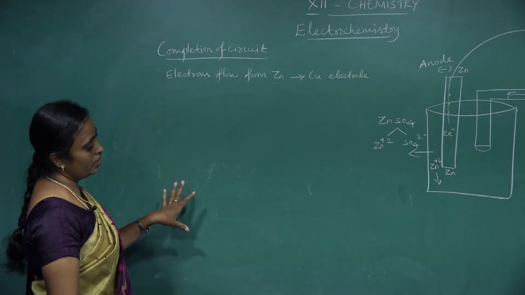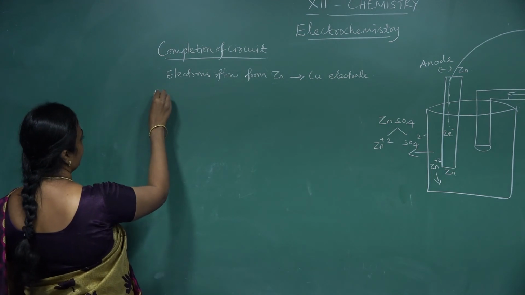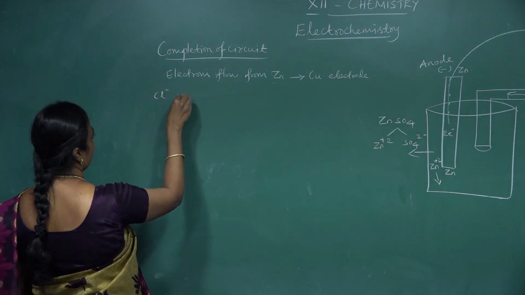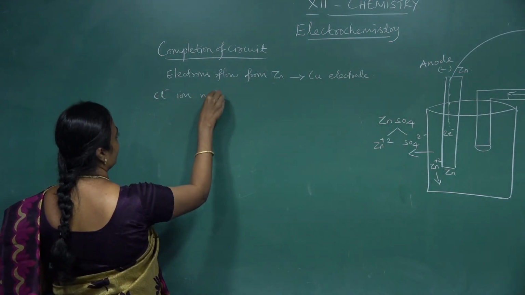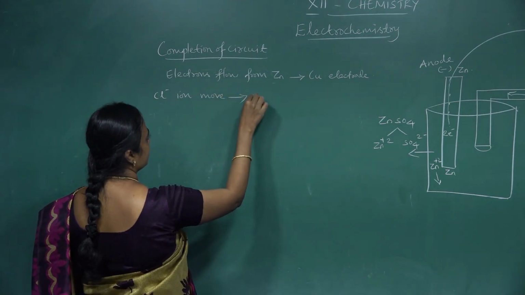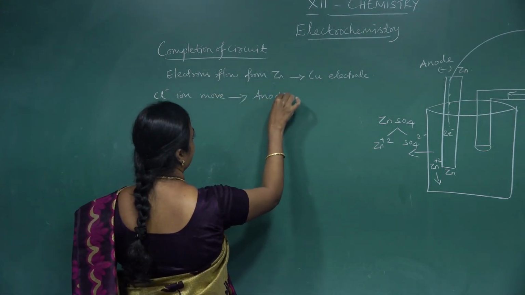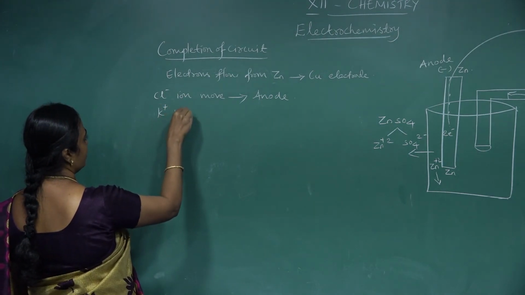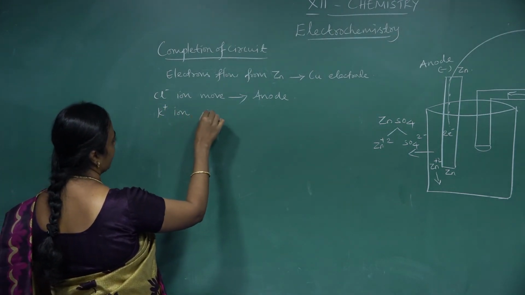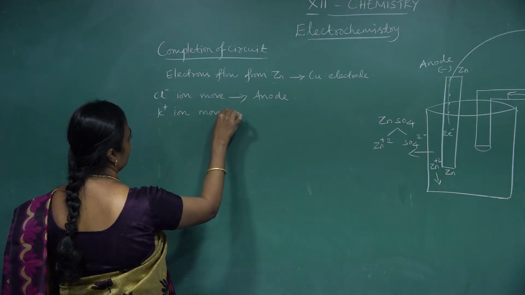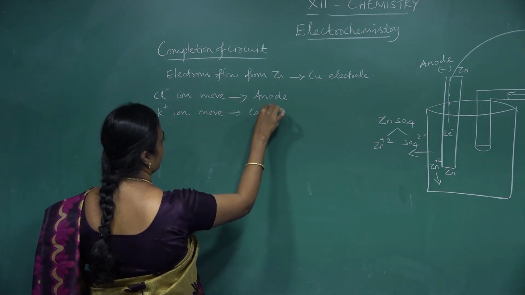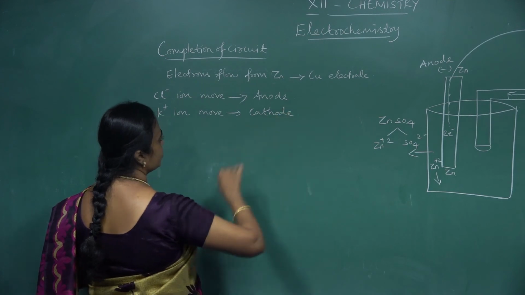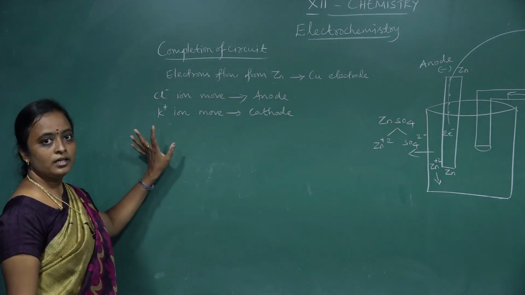The same way the ions, that is Cl- ion, move towards anode. Okay, and next the K+ ion from the salt bridge, the electrolyte, move towards the cathode, and this will complete the circuit.